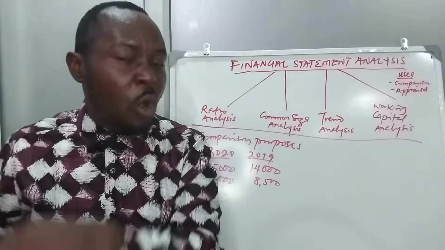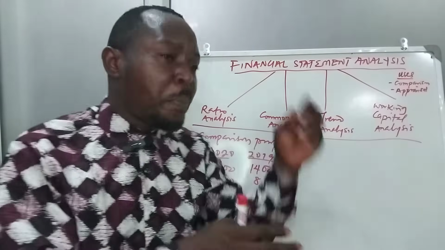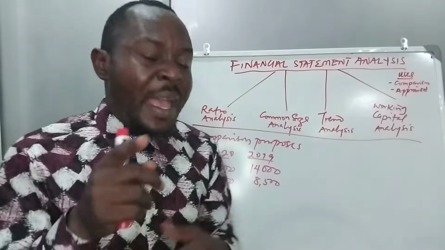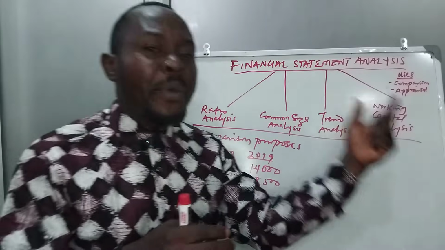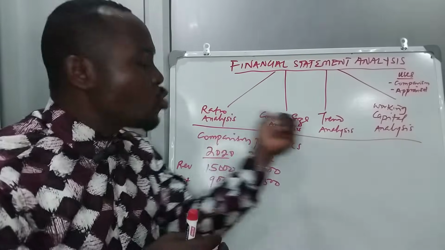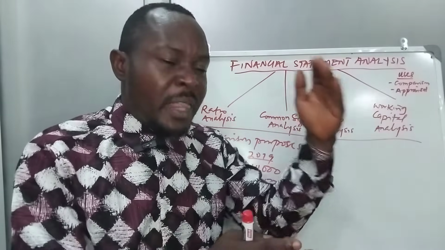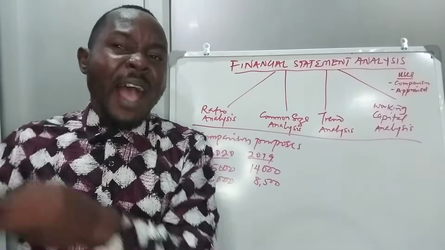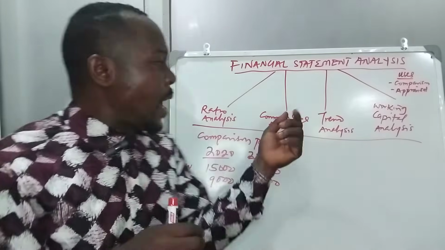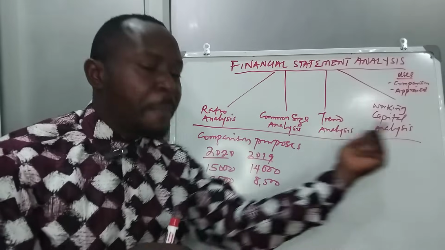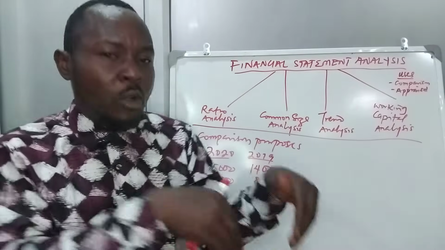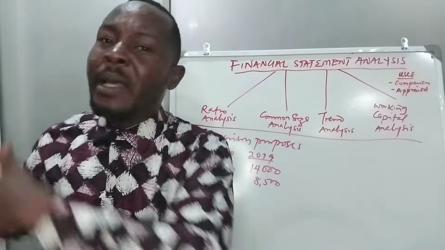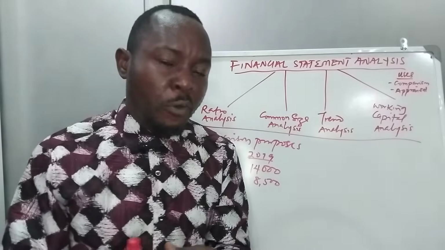You can compare also products. And likewise, you can use these tools to appraise the performance of one entity against another entity in the same industry, and the performance of the entity in the current year versus the last year. I hope this is flowing.